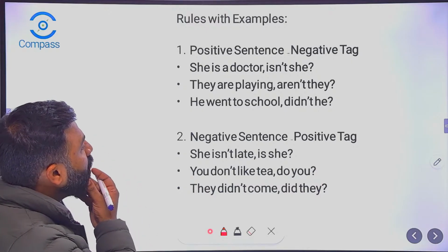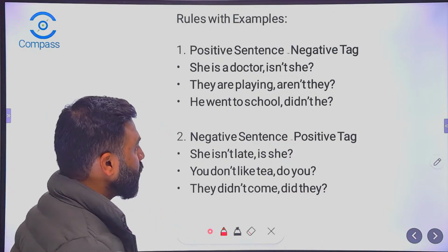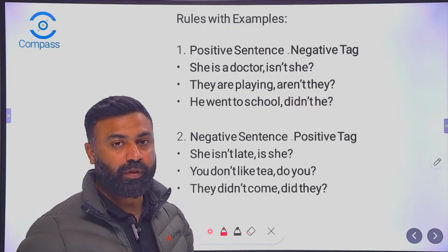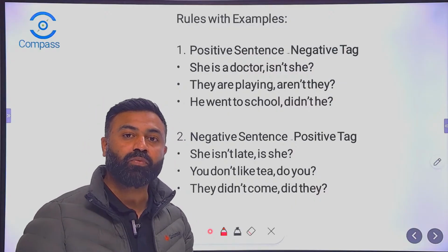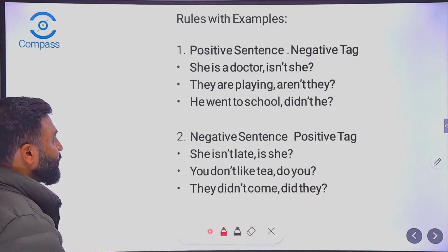All right, so auxiliary verbs. If you do not know, auxiliary verbs are called helping verbs, and they help the main verbs to form a sentence. Let me give you an example so that you understand it better.